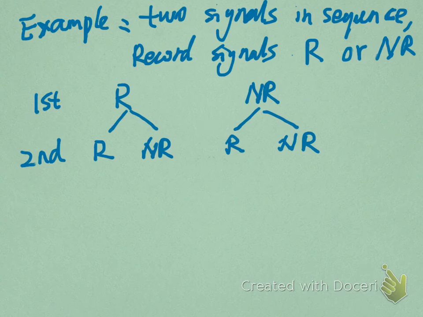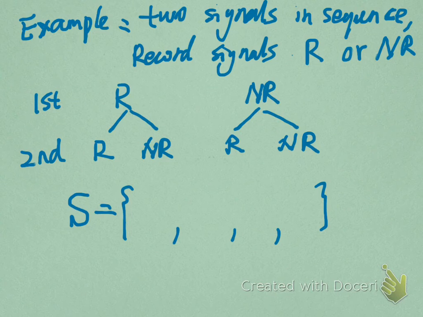So you can see if we combine all situations or outcomes from the first and second signals, in total we have 4 different cases. If we want to write the sample space, we denote it as 4 parts.